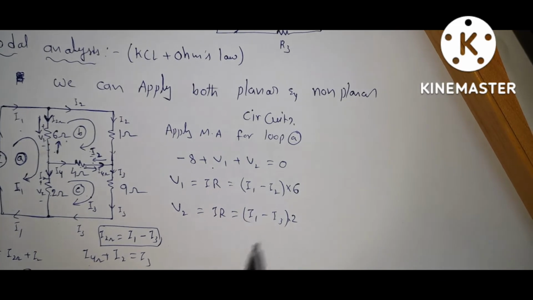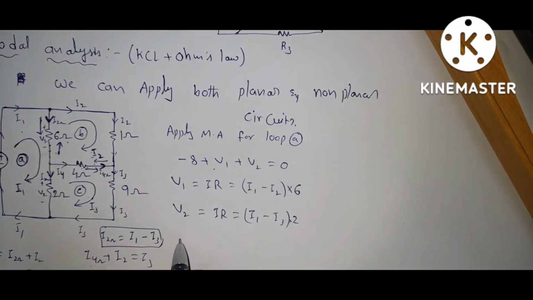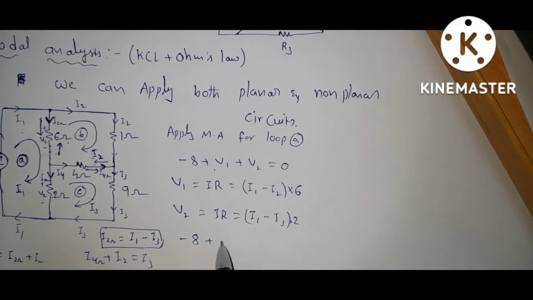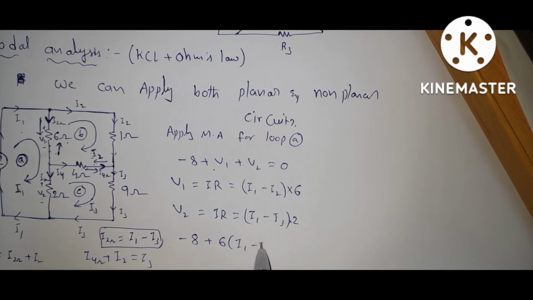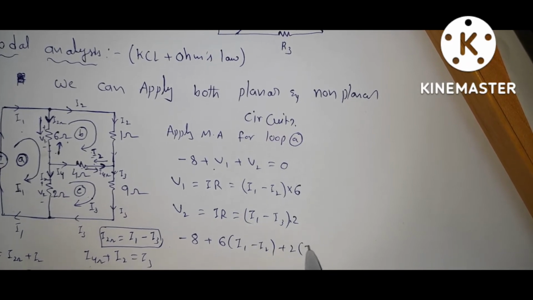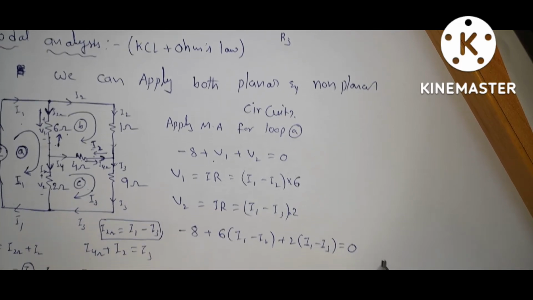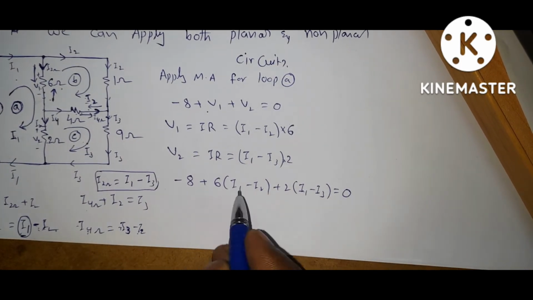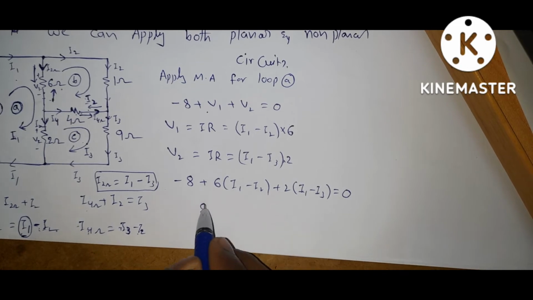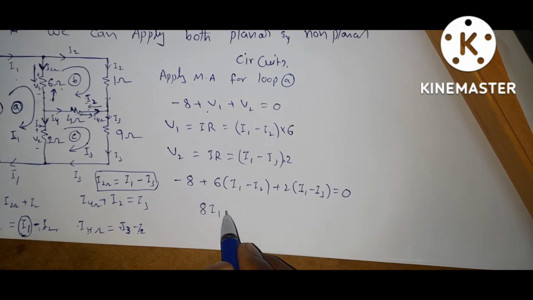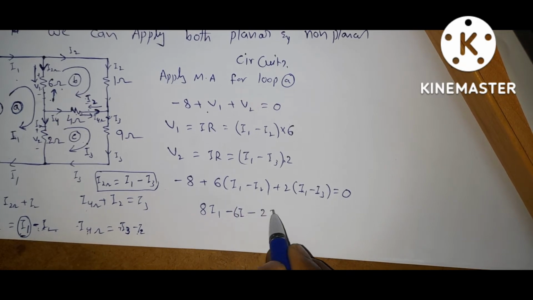So substitute these two equations in this equation. Minus 8 plus 6 into (I1 minus I2) plus 2 into (I1 minus I3) is equal to 0. What are we getting? 8 I1 minus 6 I2 minus 2 I3 is equal to 8.